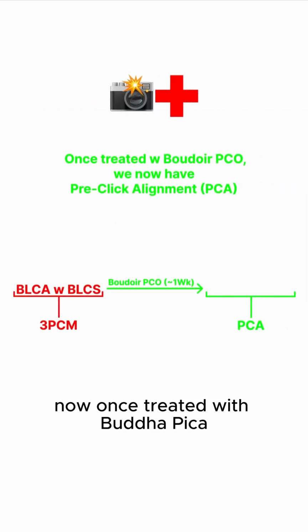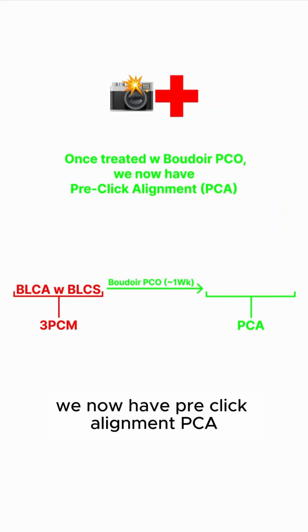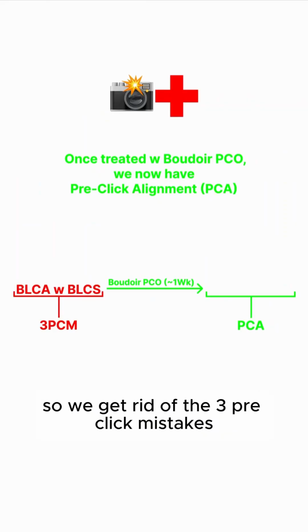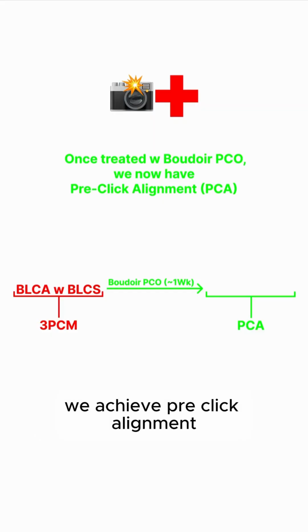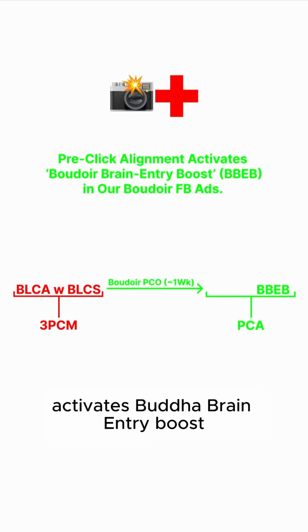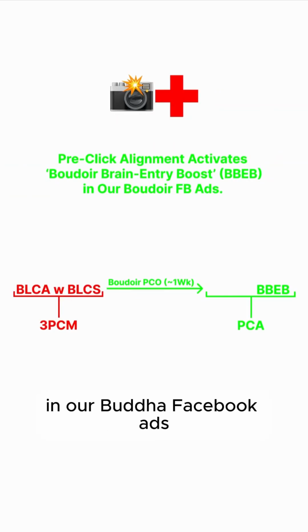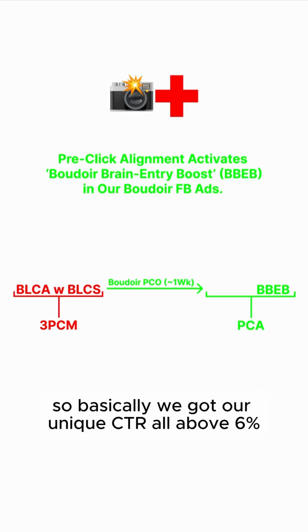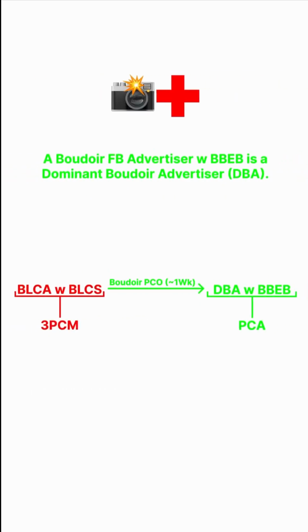Now, once treated with Boudoir Pico, we have pre-click alignment, PCA. So we get rid of the three pre-click mistakes, we achieve pre-click alignment. And pre-click alignment activates Boudoir brain entry boost in our Boudoir Facebook ads. So basically, we got our unique CTR above 6%.